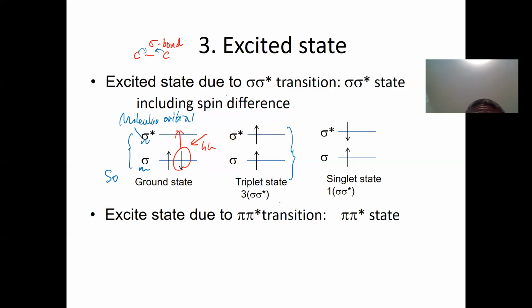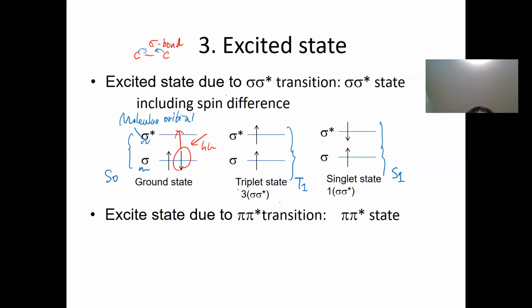This combination of the electron configuration is called the triplet T1 state. And then this one is the S1 state. We are coming back here later on. So this S comes from singlet, and this T comes from triplet.